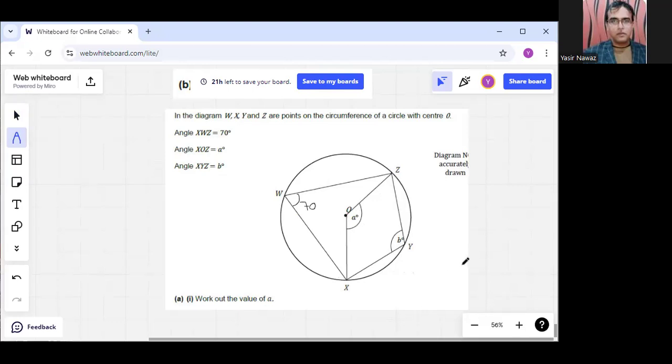So what would be the value of A? That's simple. The angle at the center is twice the angle at the circumference. Here this angle is 70, and 70 times 2 is 140. So angle A would be 140.